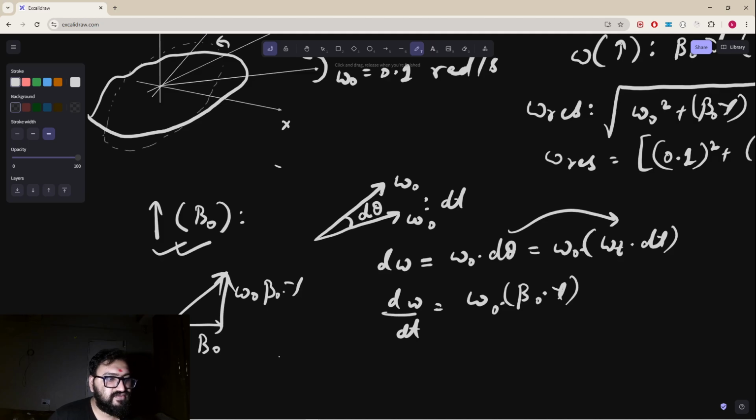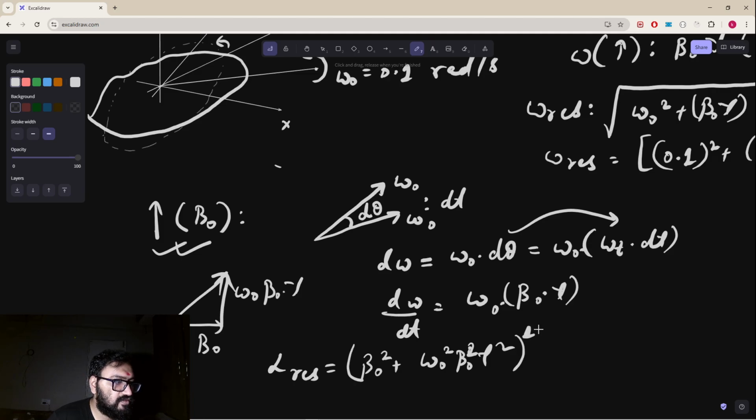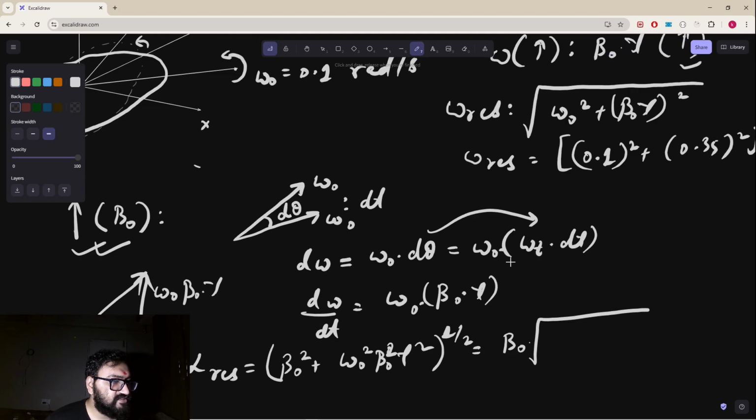So the resultant will be equal to (beta naught square plus omega naught square beta naught square t square) to the power 1 by 2. If I take out beta naught from the root, I'll get the final angular acceleration as beta naught into square root of 1 plus omega naught square t square.